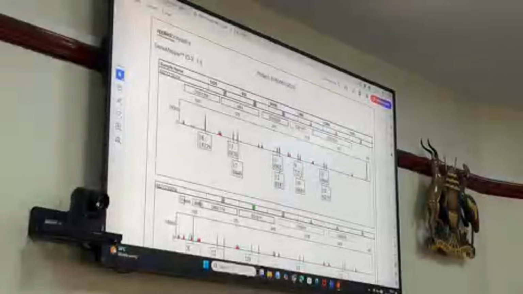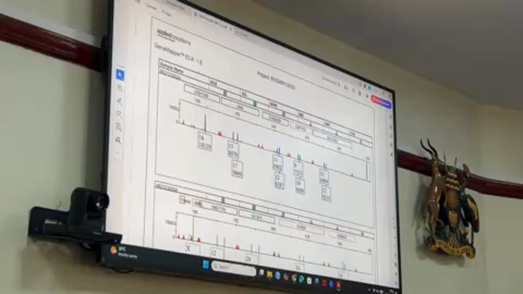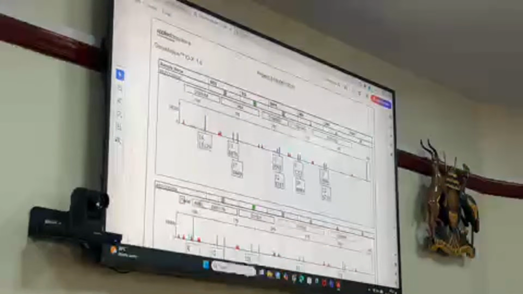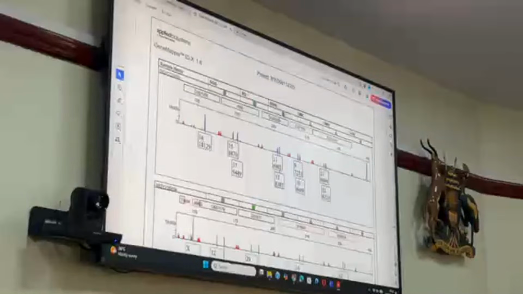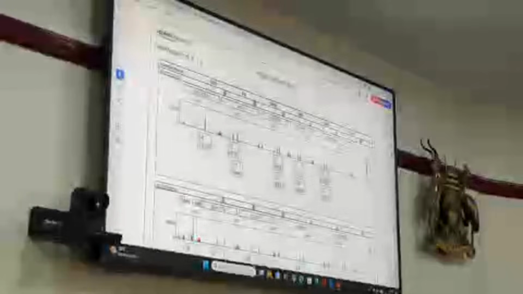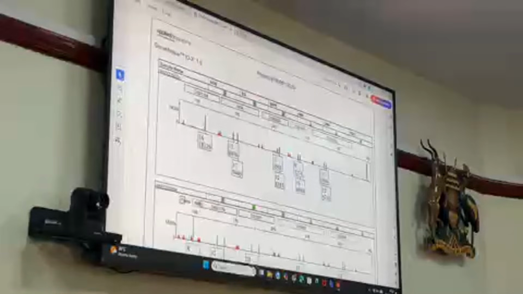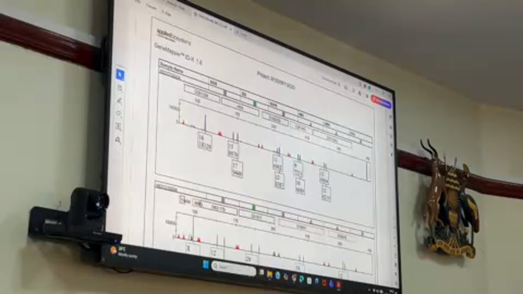And in this area, you can see that there's only visually one peak, one piece of information. Technically, when you see one piece of information, this is known as a homozygote. This is where the child has inherited the same piece of information from both mum and dad.